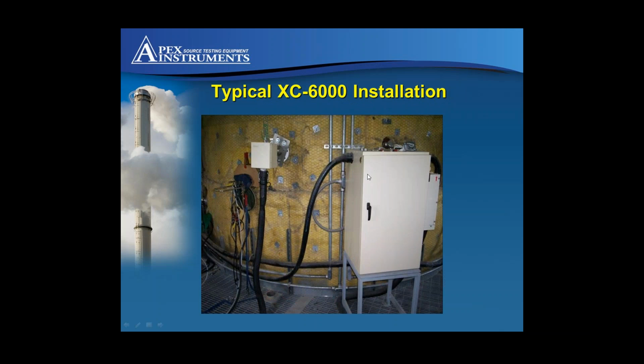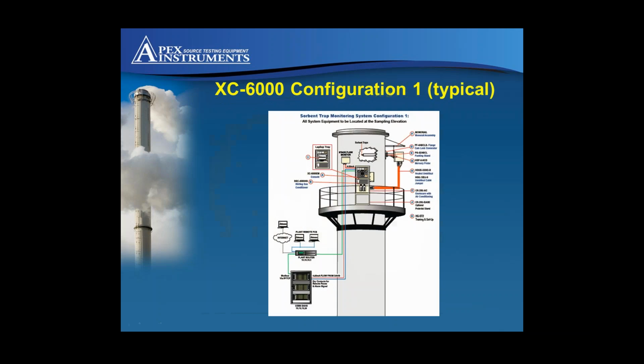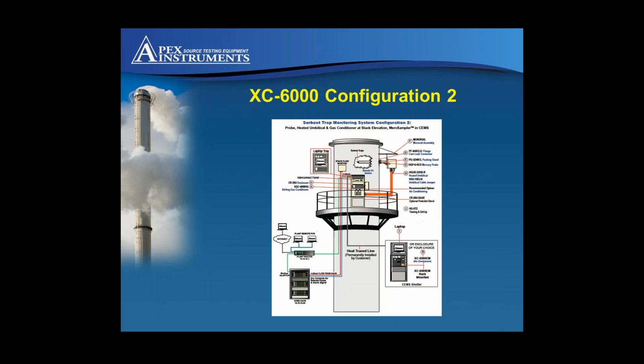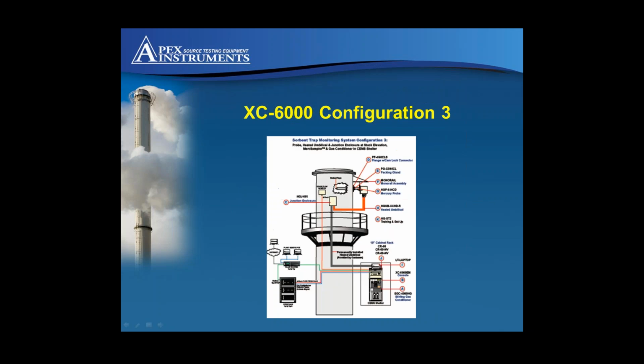How the XE6000 looks, a typical installation, generally quite close to the sample port. We do offer a number of different configurations. That one we've just shown with everything up on the stack. A second one where we put the probe up on the stack and then the cooler, and then we transport the gas down to the console, which might be in the SEM shack.